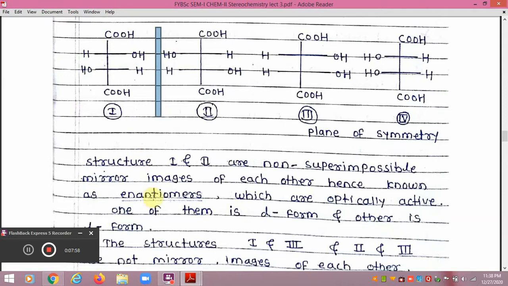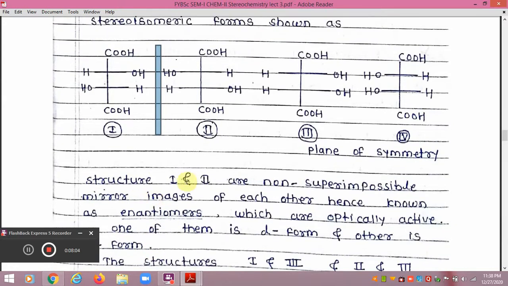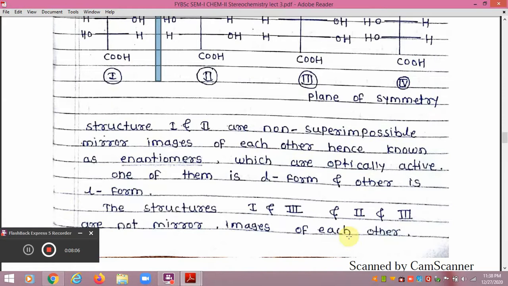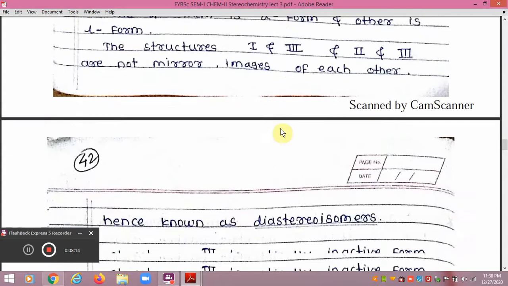One of them is the D form, dextrorotatory, and the other is levorotatory. But structures 1 and 3 as well as structures 2 and 3 are not mirror images of each other, hence these are diastereomers.